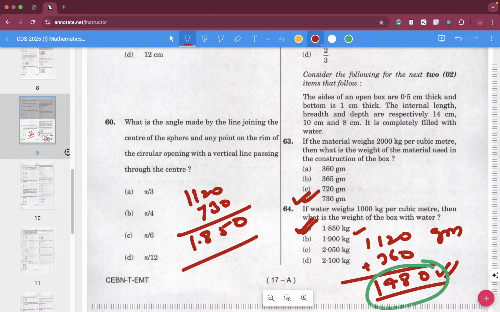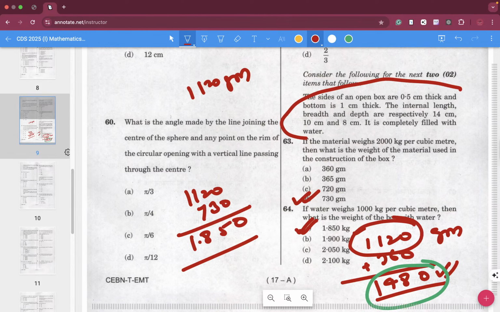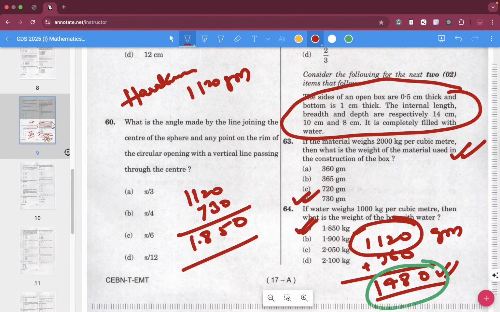Because you know the volume of the water was how much? 1 kg or 1120 gram. It was easy for us to find out. If you by any chance went on to find out the standalone volume of this particular stuff, it was simply harakiri, guys. You can try doing that.